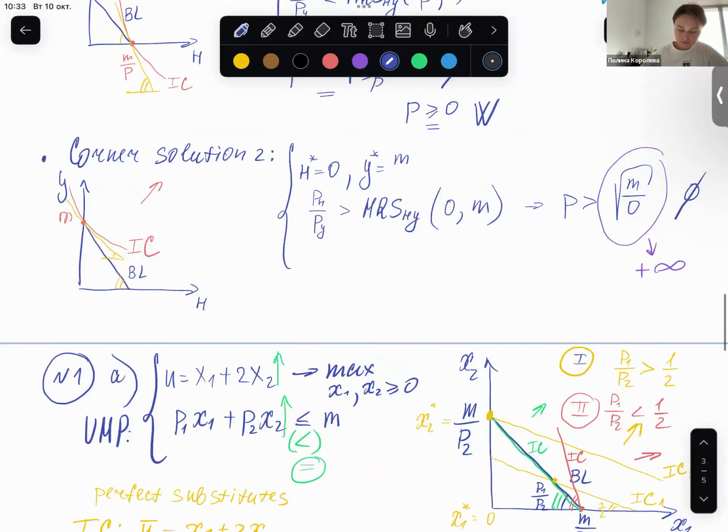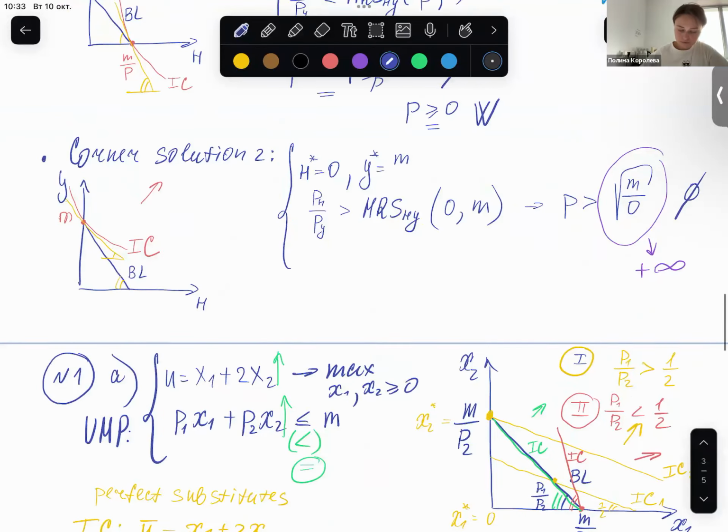These are the same corner solutions, and you should do this check. We do not have the last touch in an interior solution, but the indifference curve coincides with the budget line in this case. So guys, please ask about the solution for perfect substitutes.